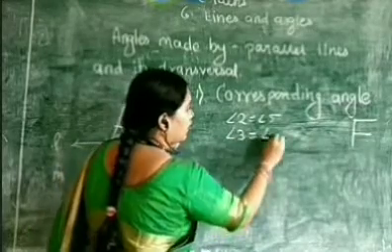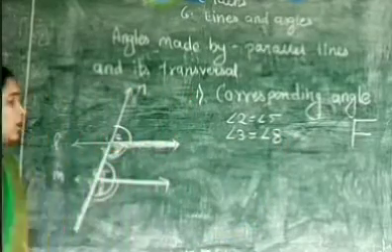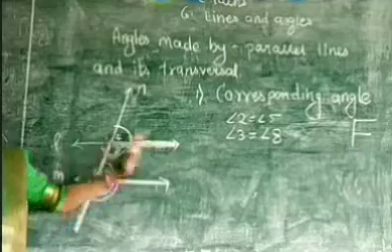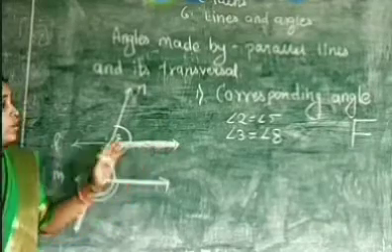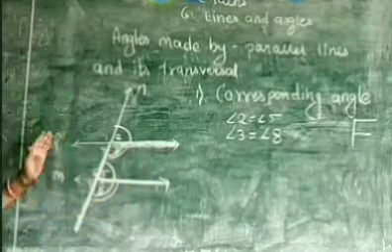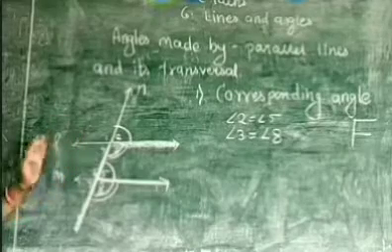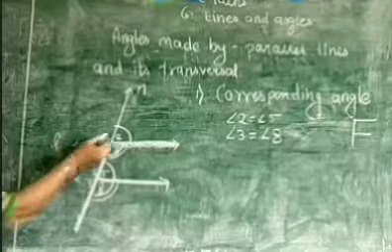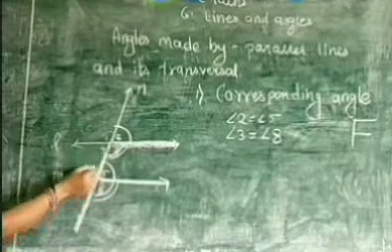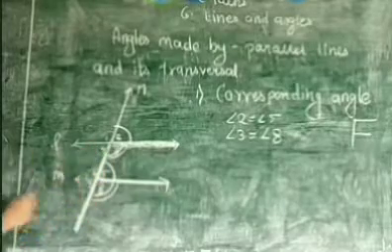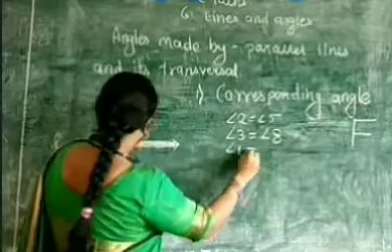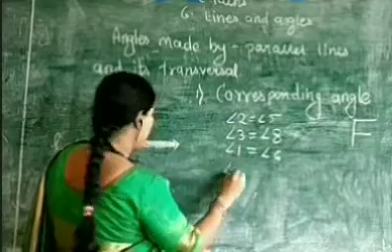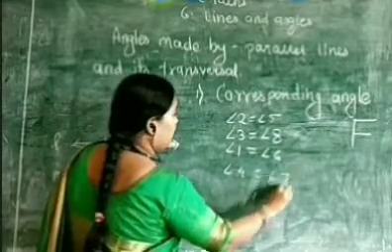Why? They are corresponding angles on the same side of the transversal. You can observe the same type of corresponding angles on the other side of the transversal too. Angle 1 and angle 6 are equal, and angle 4 and angle 7 are equal.